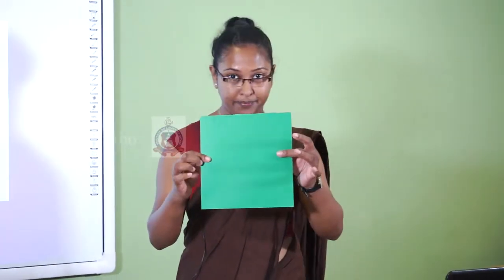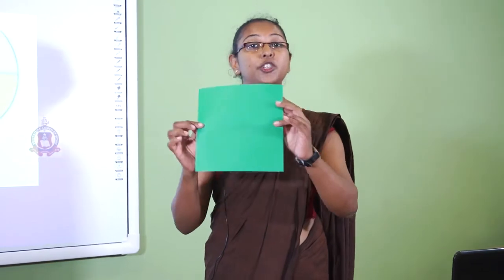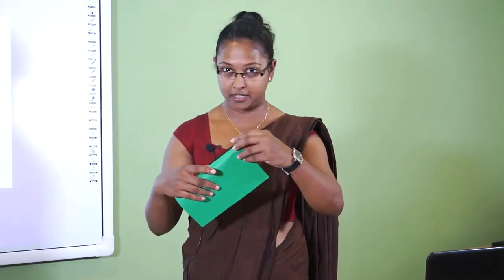Remember that. Now I'll show you how to divide shapes into two equal parts. Let's say here I have a square. Shall we divide this into halves? You can do it in two ways. Before cutting, you can fold and get two equal parts. You can fold it in this way.